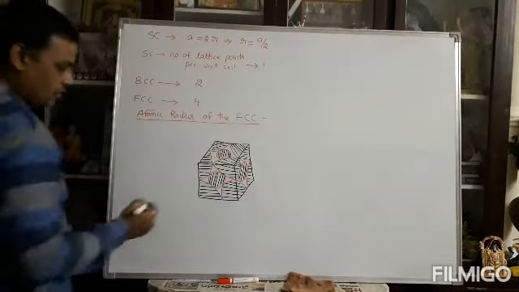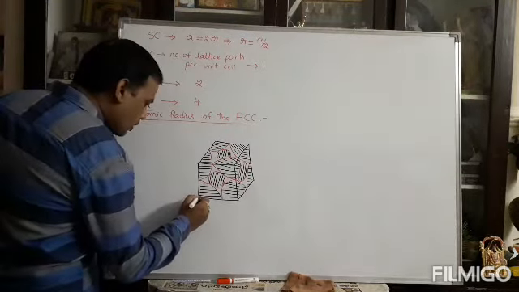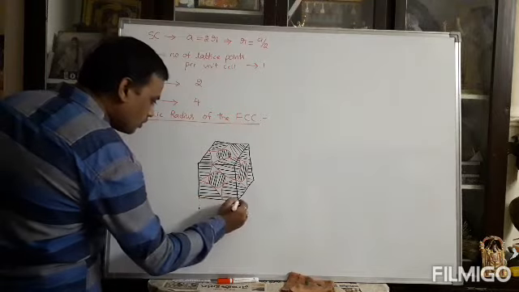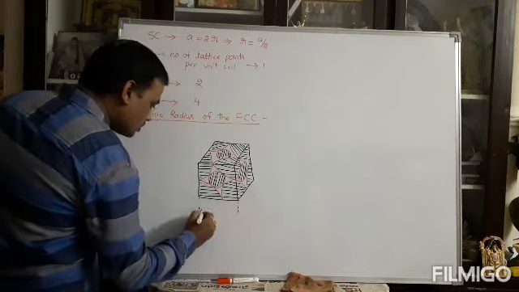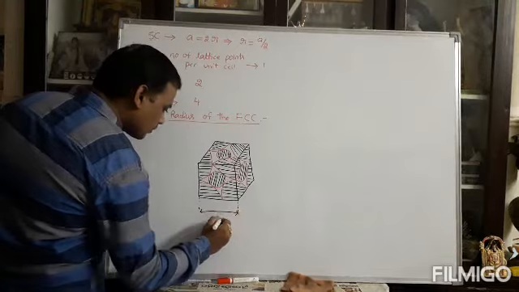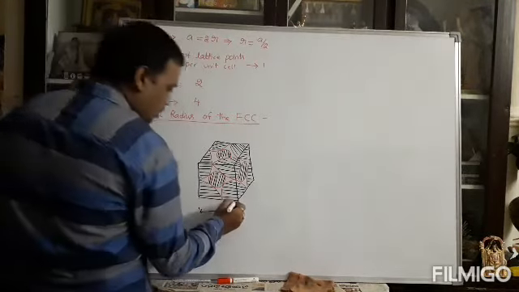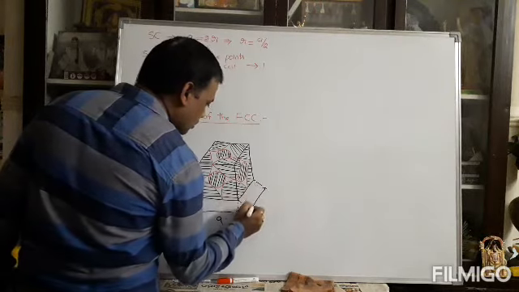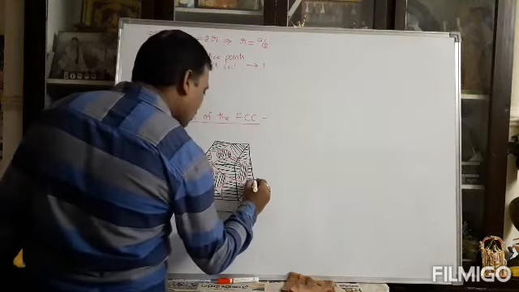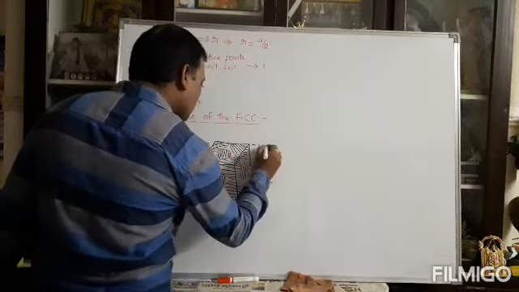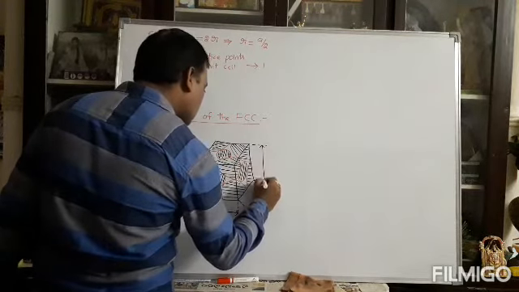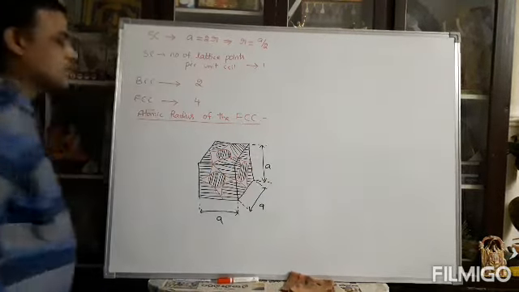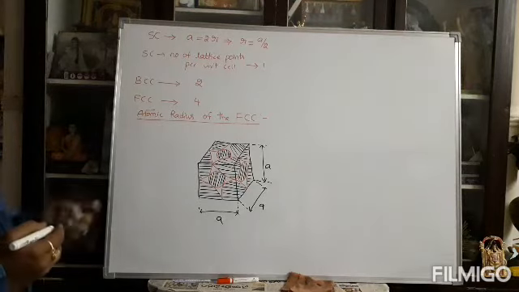From corner of the lattice point to corner, this distance is a, and from this corner to this corner, the distance is also a. From this corner to this corner, the distance is a. That is called your lattice constant.